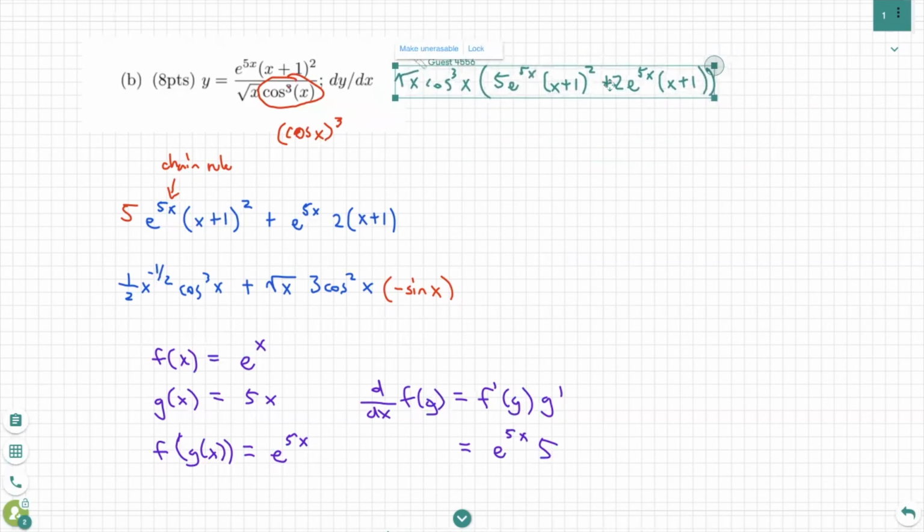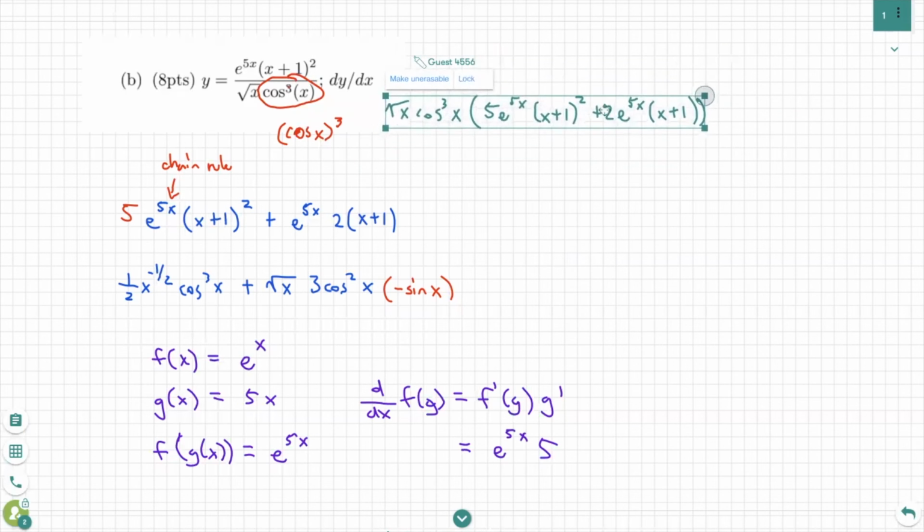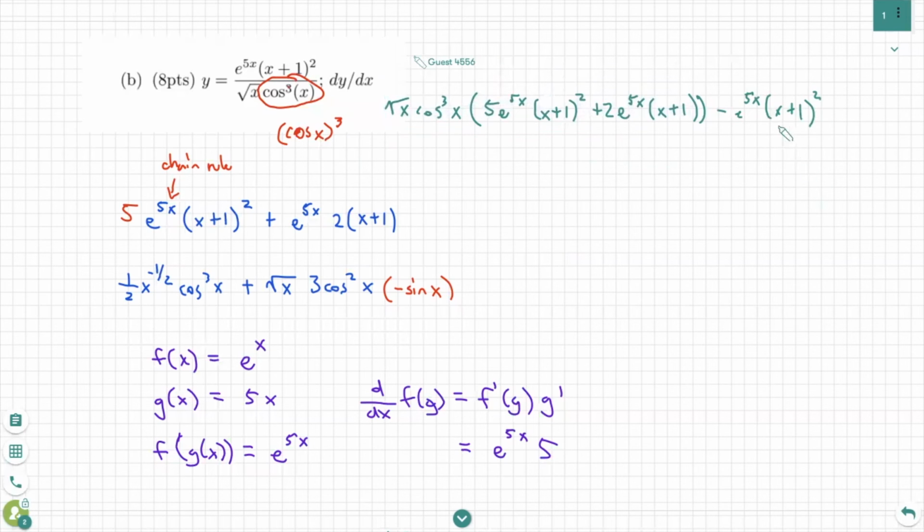This might be a little long. Minus the 5x x plus 1 times 1/2 x to the negative 1/2 cosine cubed x plus square root of x times 3 cosine squared of x times negative sine x.